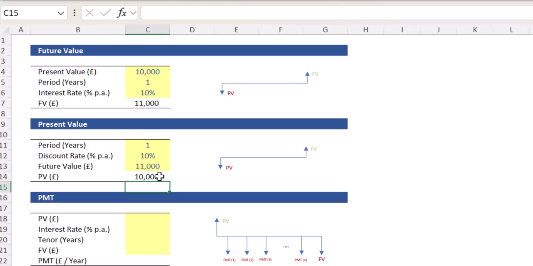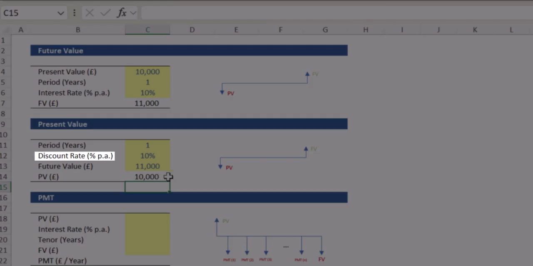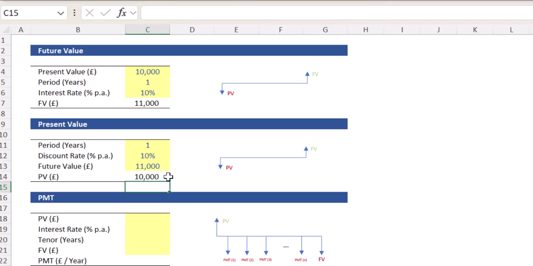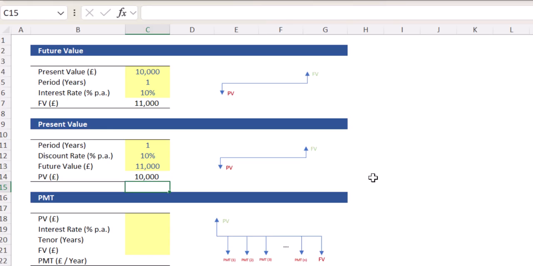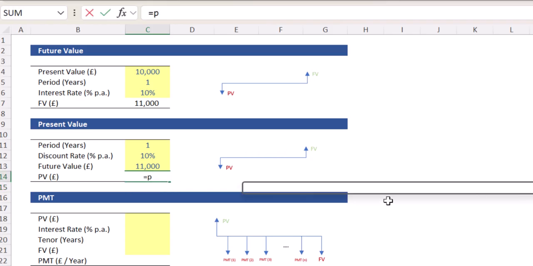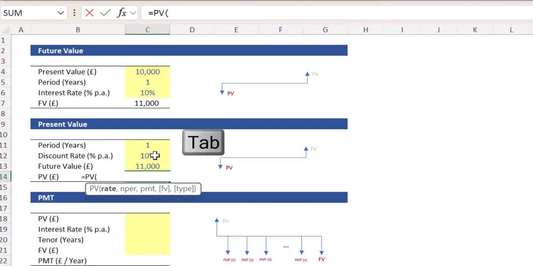The interest rate in this case is also known as discount rate, as the present value calculation discounts the higher future value to a lower amount of present value, which reflects the interest earned during this period. But of course, let's save time by simply using the function present value, which has pretty much the same type of arguments as the function future value.